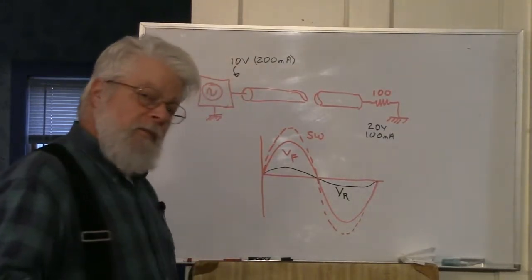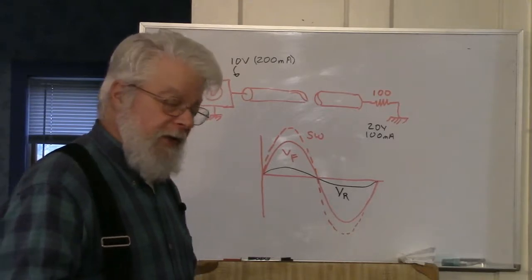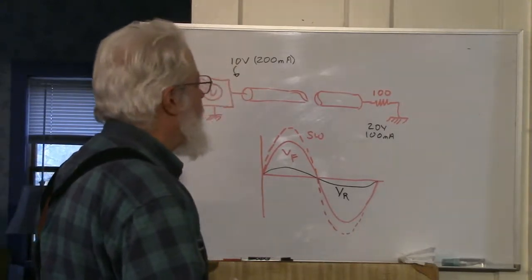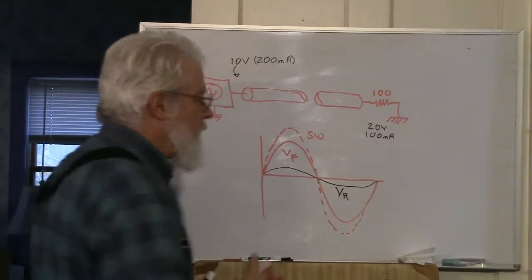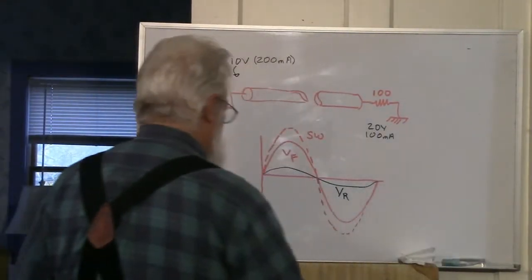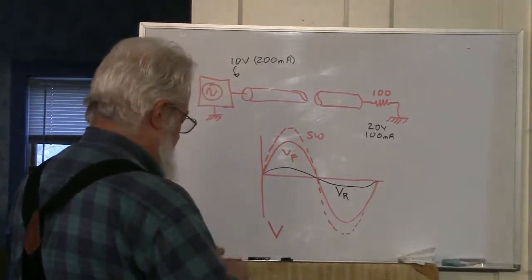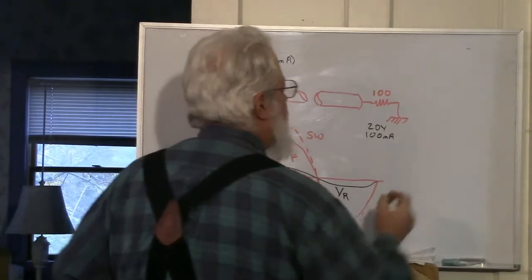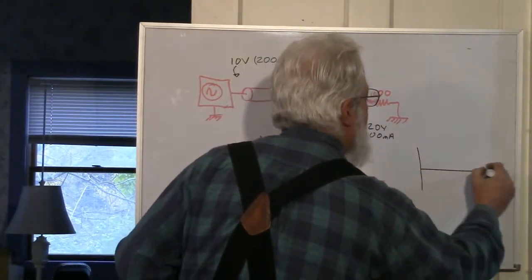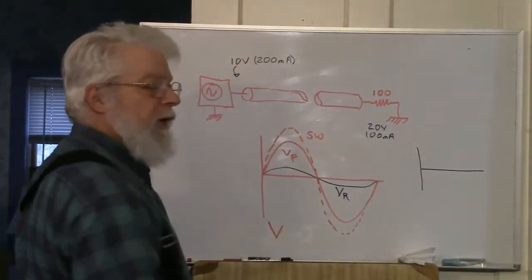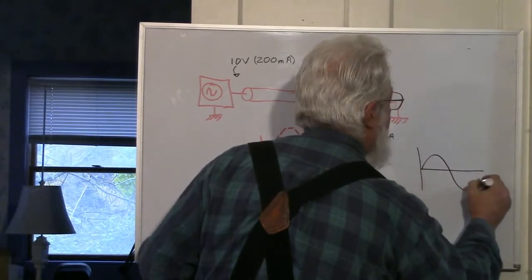Now the current is not reflected back 180 degrees out of phase. The current is reflected back in phase. So if this is my voltage, I'll do a small one over here to show you the current. The current starts out in phase with the voltage, so we have a nice current wave.